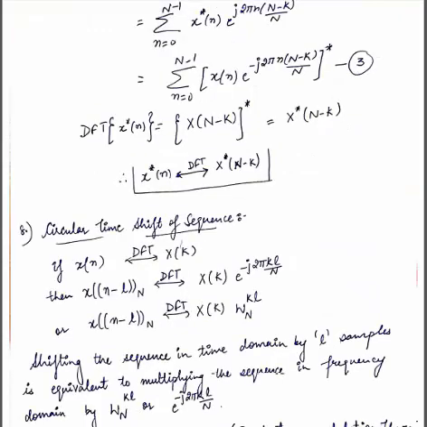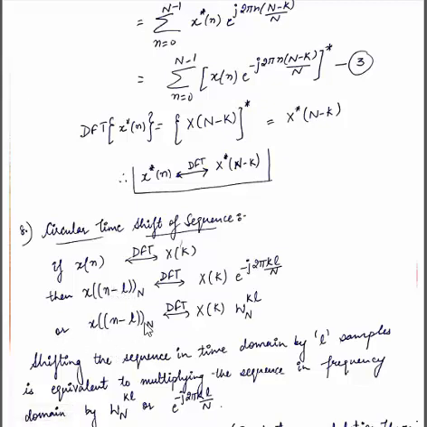Now next, the eighth property is circular time shift of sequence. It states that if DFT of x of n is X of k, then DFT of x of n minus L is X of k into e raised to power minus j 2 pi k L over N. It's time delay.